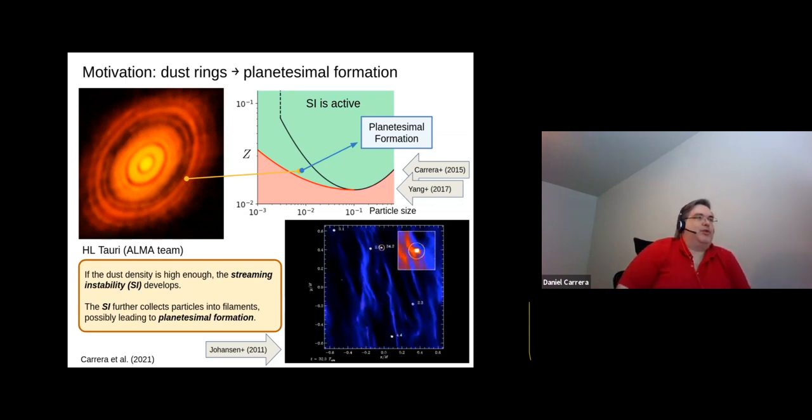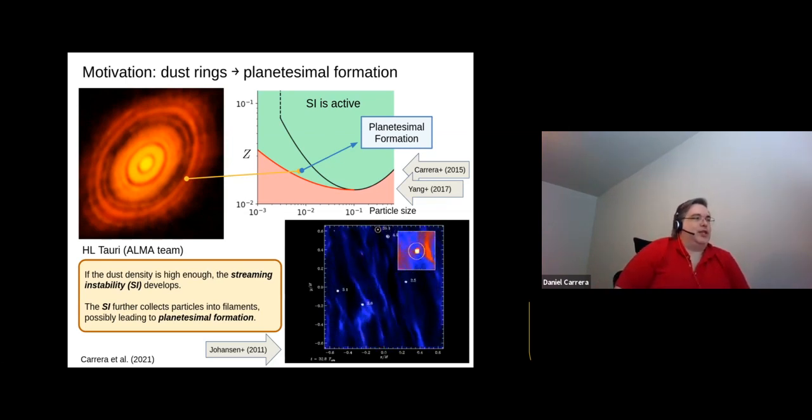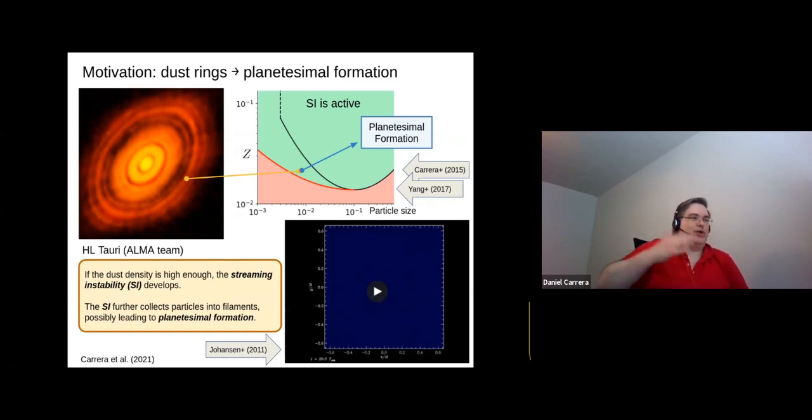The other thing that you need to know about the streaming instability is that it's not automatic. It needs some critical dust to gas ratio for it to be effective, especially for small particle sizes. The smaller the particles, the more you need to concentrate particles before the SI even becomes an effective process.